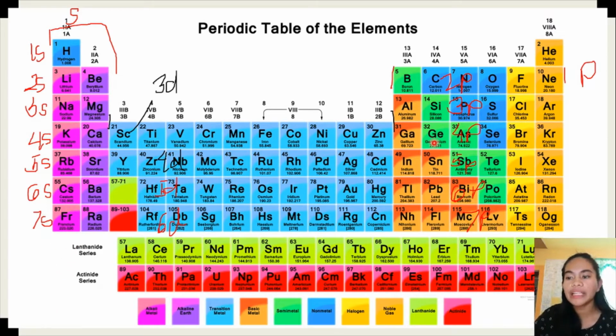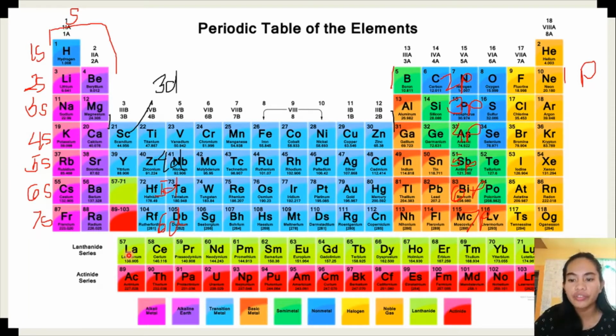Okay, what about iridium? Iridium is the 77th element in the periodic table. If we're going to predict the location of iridium as well as the electron configuration of iridium, you can just simply say that 3d, 4d, 5d. Iridium is 5d, however, we're not yet done. We need to look at the amount of electrons on the outer shell of iridium.